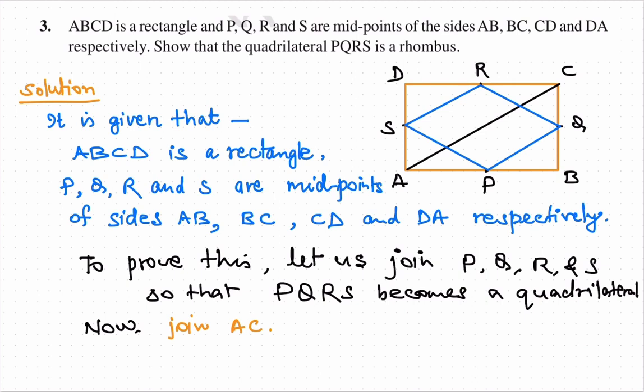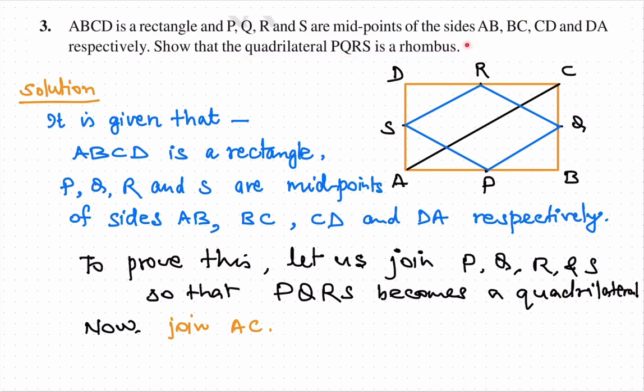In question number 3, it is given ABCD is a rectangle, P, Q, R and S are midpoints of the sides AB, BC, CD and DA respectively, so that the quadrilateral PQRS is a rhombus.